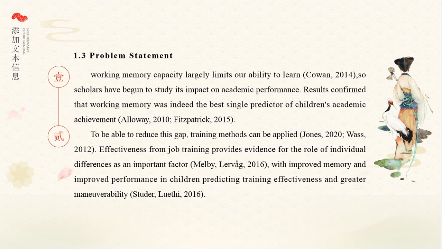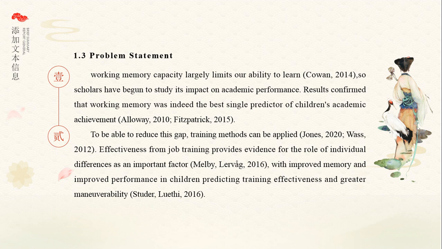And then is the problem statement. Working memory conceptually largely limits our ability to learn, so scholars have begun to study its impact on academic performance. Results confirm that working memory was indeed the best single predictor of children's academic achievement.